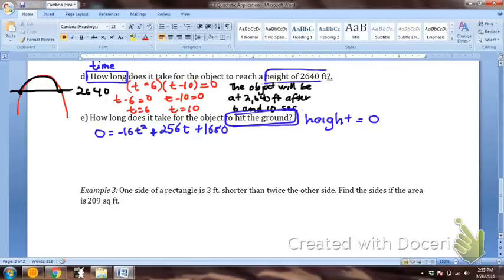This is how long does it take for it to hit the ground? What does this mean when it hit the ground? What do we do? You skip this step, that's the problem. You didn't write this down, I don't know, you zoned out, whatever. We set this equation equal to 0, and then we factor out. So set this equation equal to 0, and then you're gonna factor.